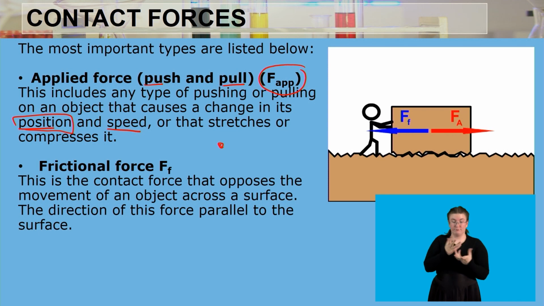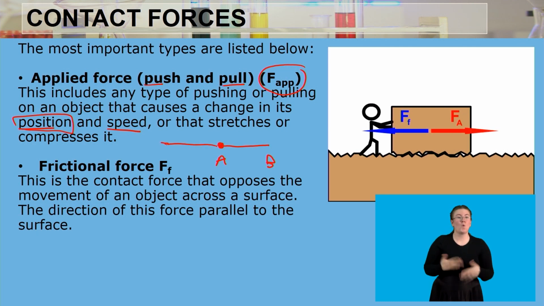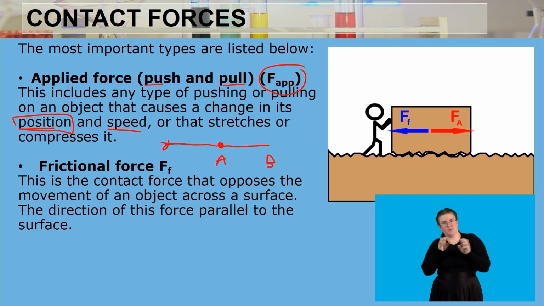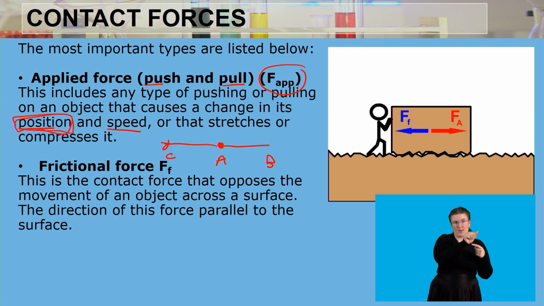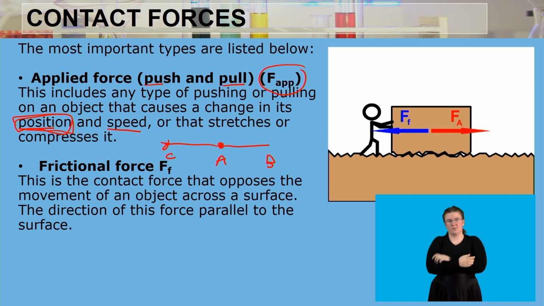It was at point A, and I push it to point B, or I pull it to a different point, let's say point C. I've changed its position. And remember, this object was not moving, so if I apply a force onto it, it will start to move. The speed is going to increase from 0 to a certain speed if I either push it or pull it.